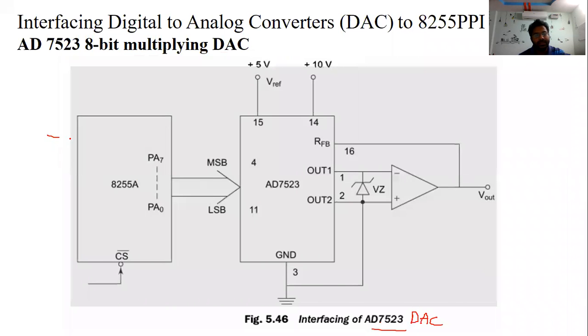On this side you draw the 8086 microprocessor. Okay, so this is the AD7523.